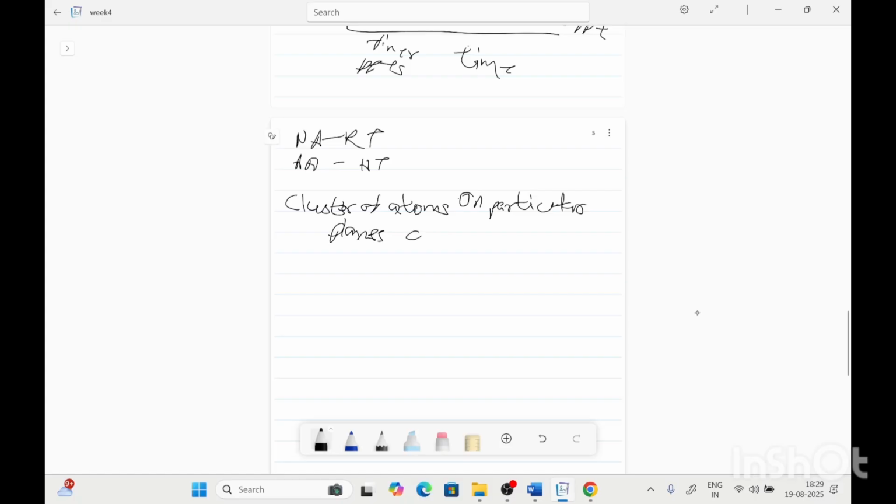These clusters are called GP zones. I say particular planes because the favorability of the clustering of these atoms is highest on these planes. So what are these planes?